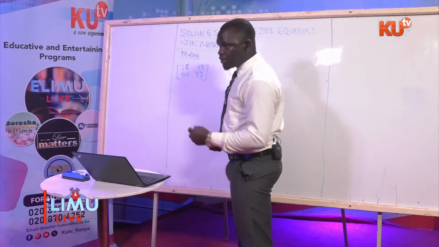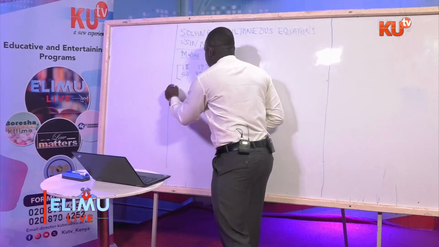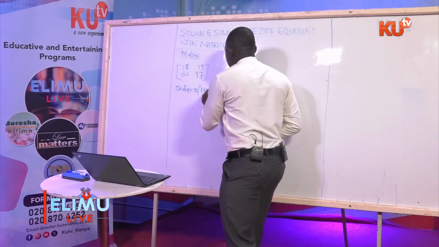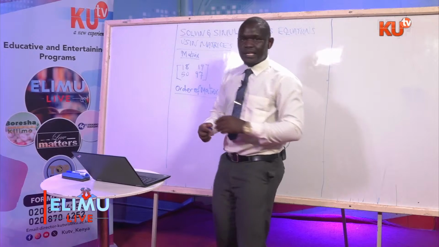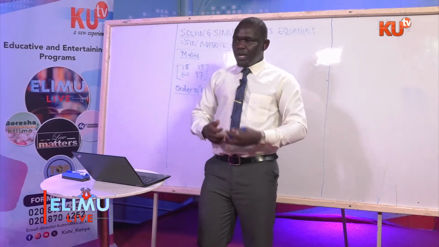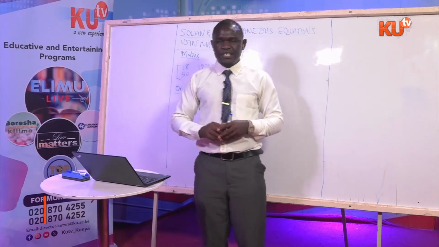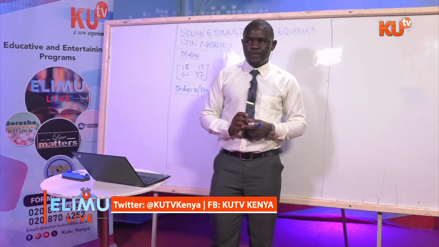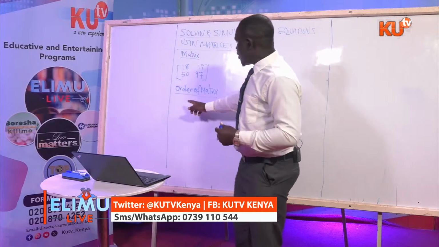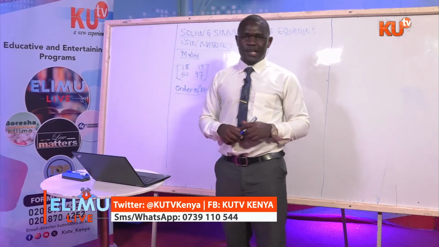Also, let's look at what is called the order of the matrix. How do we define the order of a matrix? The order of a matrix is defined by taking rows times columns, learners.